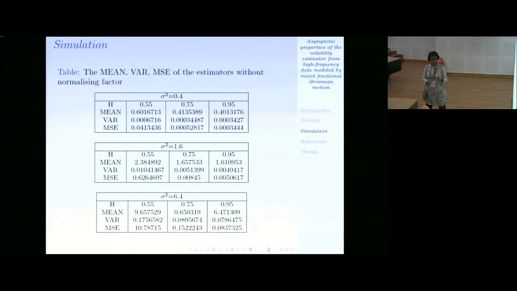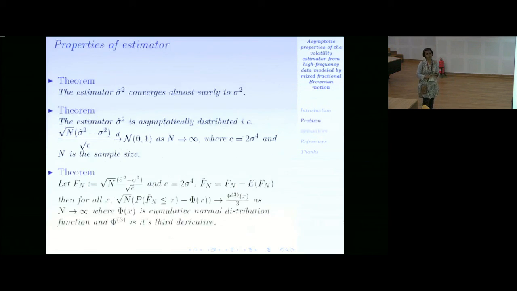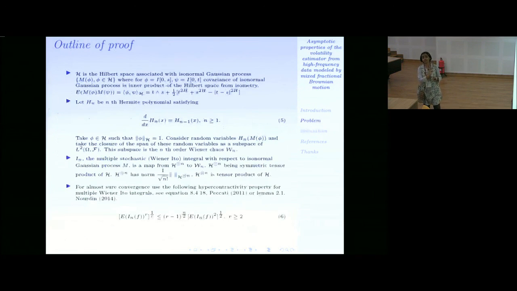So well, now I have some time, so maybe I can go to the rough sketch of proof. This rough sketch of proof goes as follows. All these techniques and tools are borrowed.